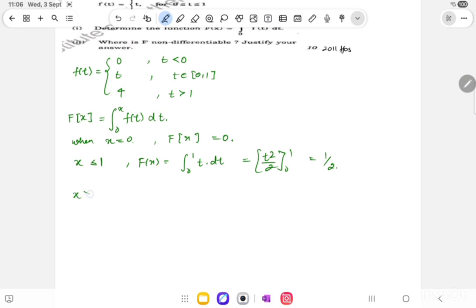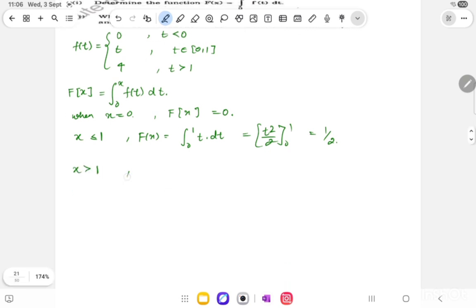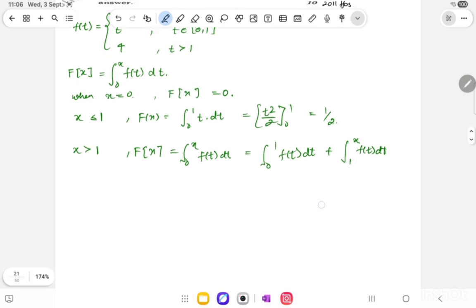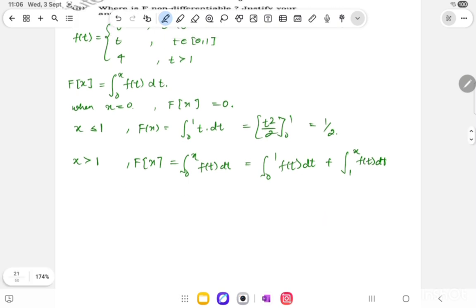Likewise, when x is greater than 1, then capital F(x) is equal to the integral from 0 to x of small f(t) dt, which is equal to the integral from 0 to 1 of f(t) dt plus the integral from 1 to x of f(t) dt. I write it like this because my function small f(t) is defined as a piecewise function.